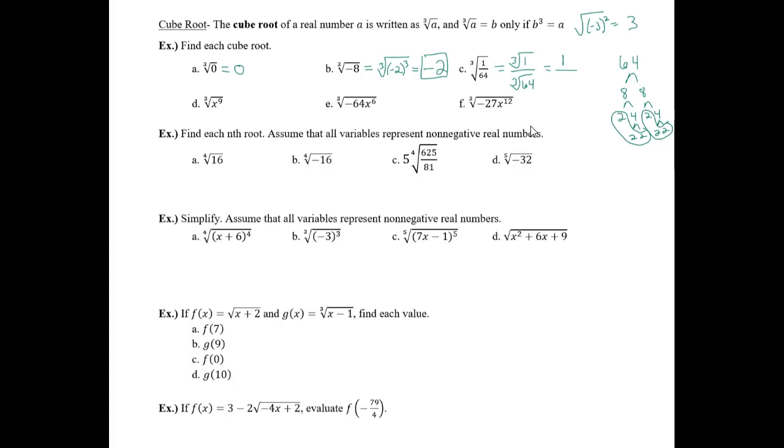So this is the same thing as the cube root of 2 cubed times 2 cubed, right? Multiply it all together, I should get 64. And the cube root of 2 cubed is just 2, and then I have another cube root of 2 cubed, which is just 2. Multiply those together, and I get 1/4.